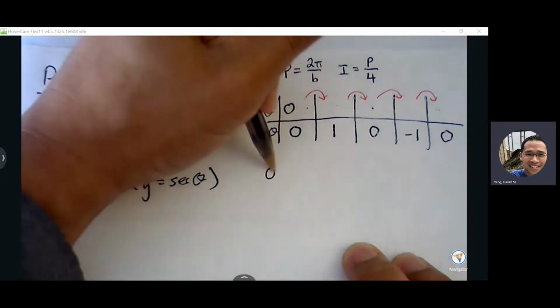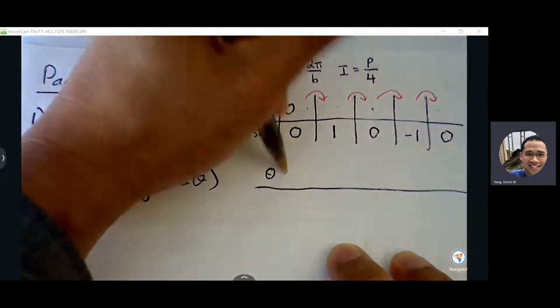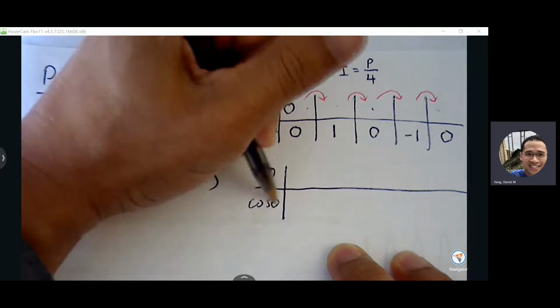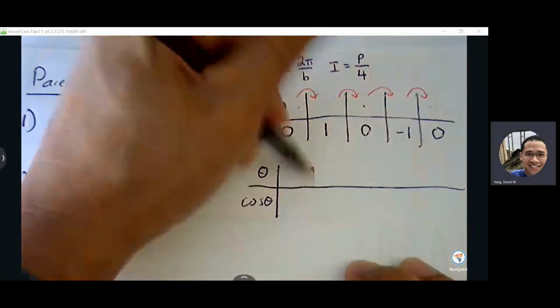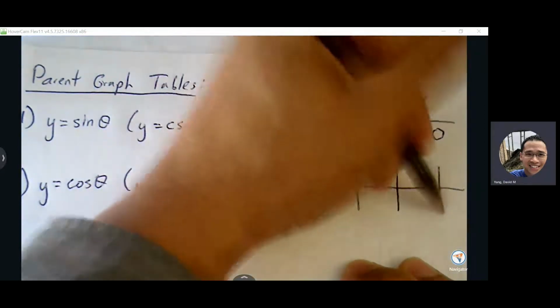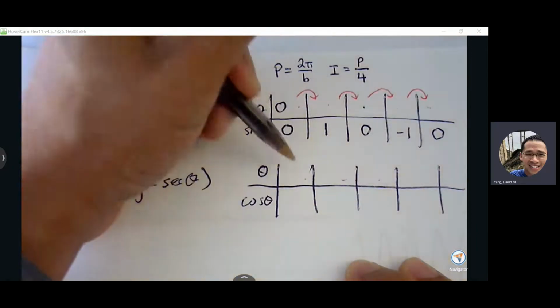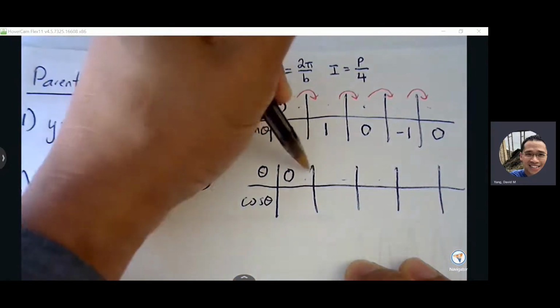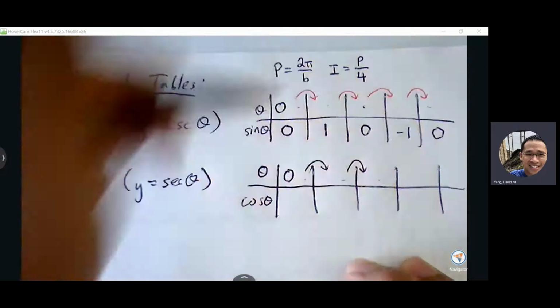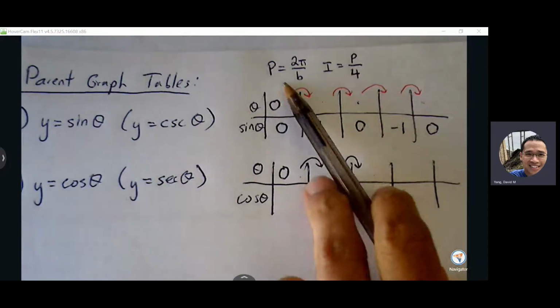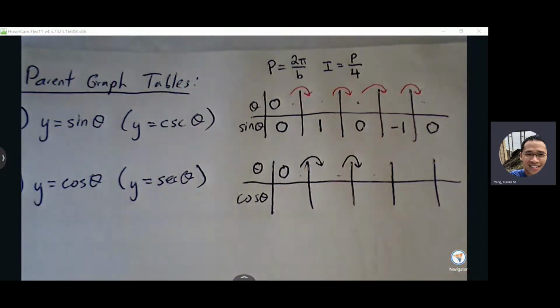But let's make sure that we understand with cosine, again, this table with this 5-number system. Here you're starting at 0, and then you're incrementing your way through using your interval and your period. And you guys were good there.